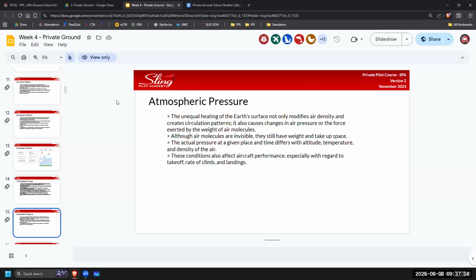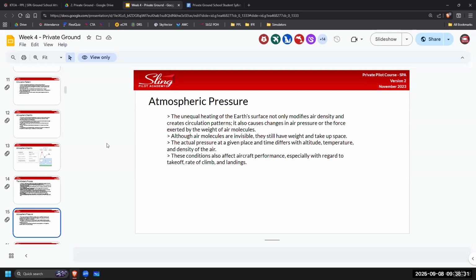And we talked about how atmospheric pressure can affect performance, especially takeoff, rate of climb, and landings. So what is atmospheric pressure? What specifically are we talking about with types of density? We remember talking about density altitude, yeah. And density altitude has 3 H's that affect it, right?